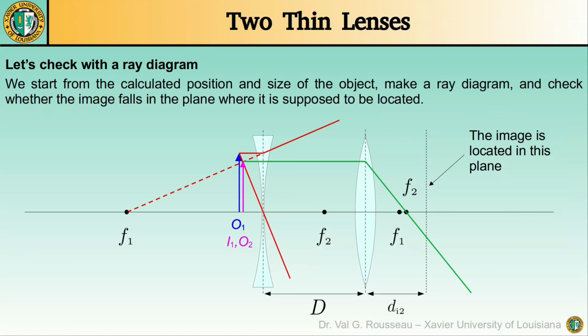So the ray that emerges horizontally from this object and hits the second lens must converge to the focal point, and the ray that passes through the center of the lens is not deviated. We find that these two rays converge exactly in the indicated plane. This also confirms that the image is real, inverted, and smaller than the object.